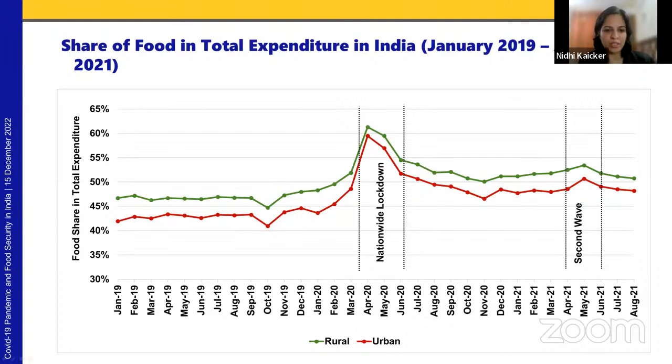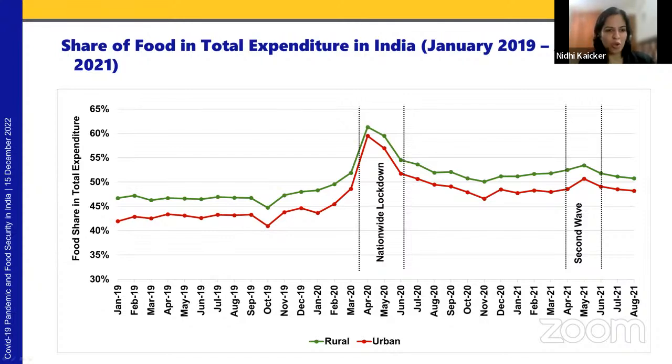So if you look at the rural and the urban graphs, the share of food in total expenditure in rural areas ranged from 45 to 50% in the 16 months prior to the announcement of the lockdown. And for urban areas, it ranged between 40 to 45%.